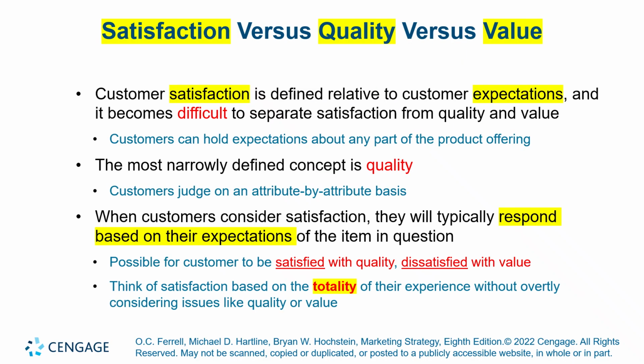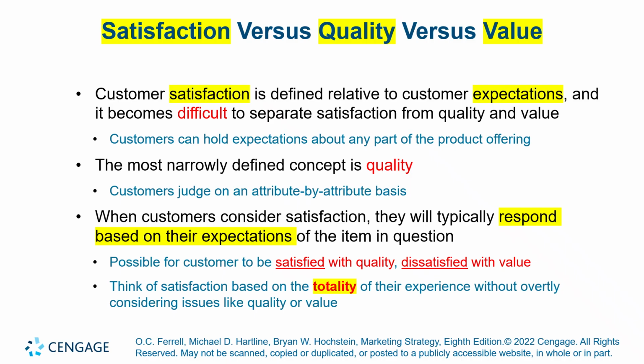Remember, satisfaction versus quality versus value. Customer satisfaction is defined relative to customer expectations, and it becomes difficult to separate satisfaction from quality and value. Customers can hold expectations about any part of the product offering.